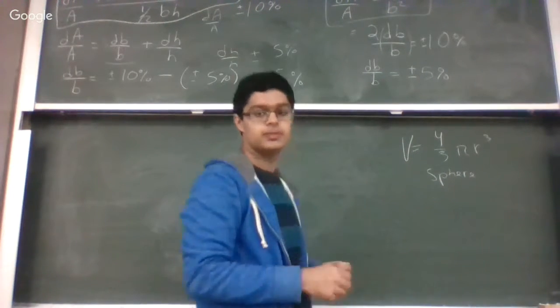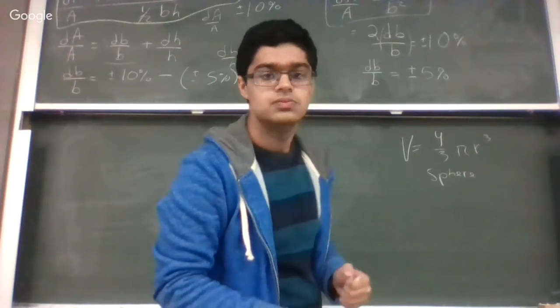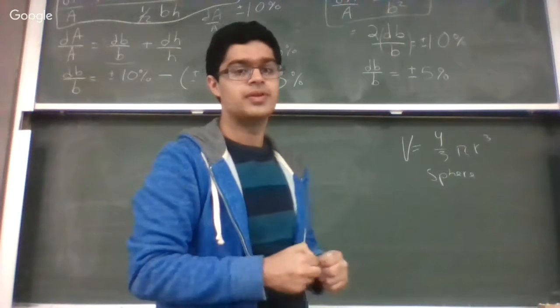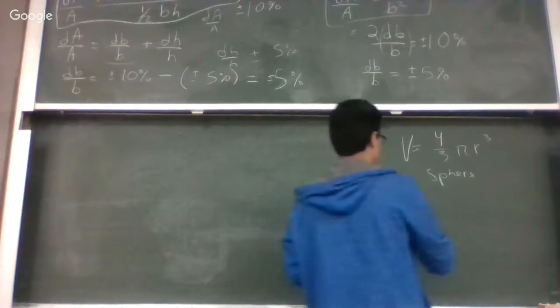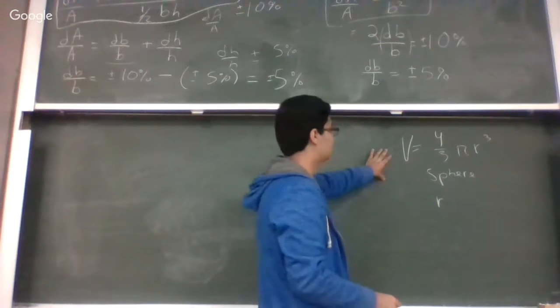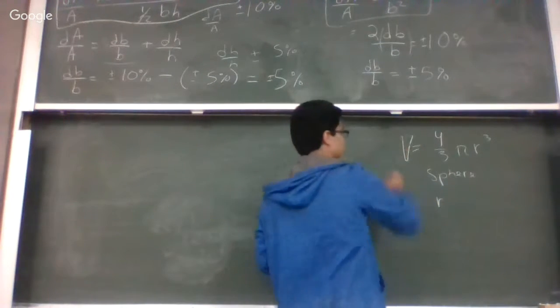So let's say the numbers aren't going to work out since I'm making this problem up. Say this is a spherical ice and it's melting.